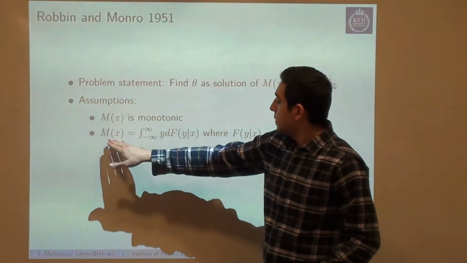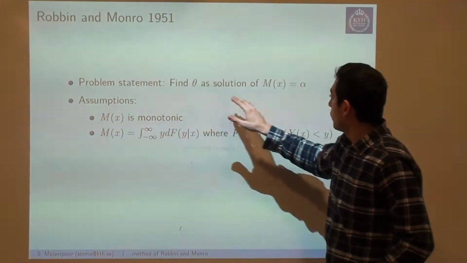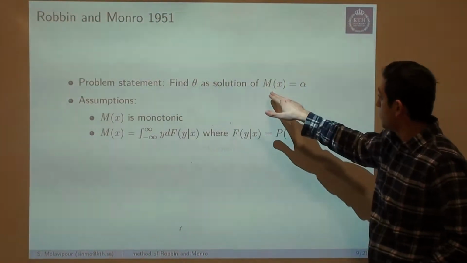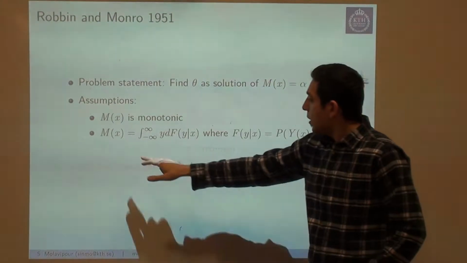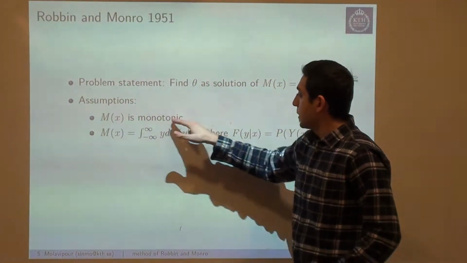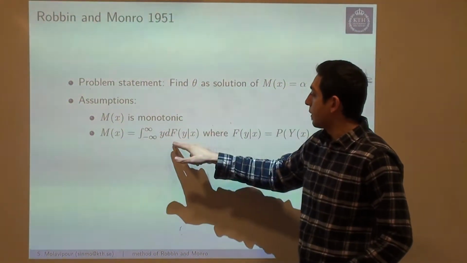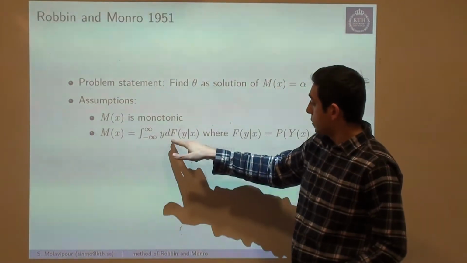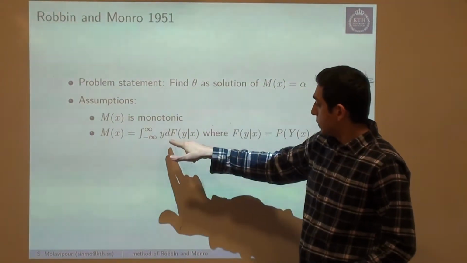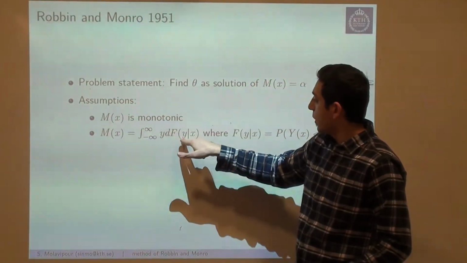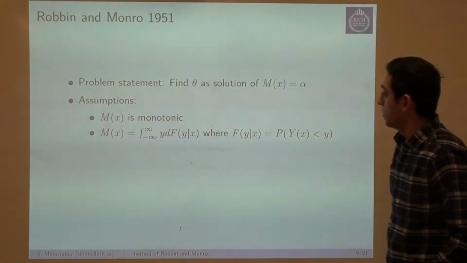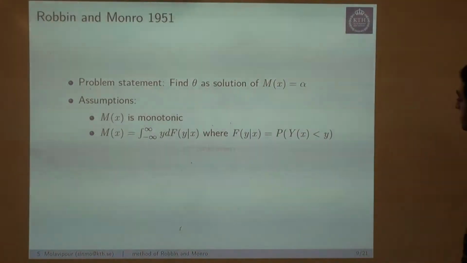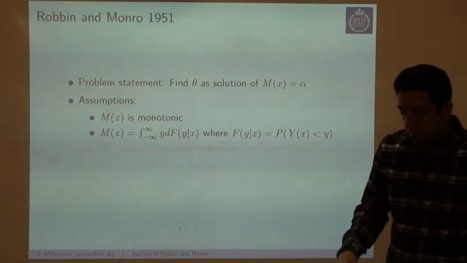So mx is a monotonic function, and we want to find the root of mx equal alpha, where mx is equal to this expectation with respect to the distribution of y given x, which is given here.